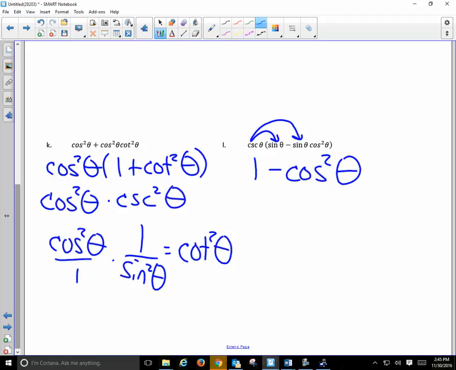Cosecant times sine is, so if you have 2 times 1 plus 3x, you take 2 times 1 to get 2, and you take the 2 times the 3 to get 6x. You don't take 2 times 3 and 2 times x, do you? Because they're paired together through multiplication. So same thing here. Cosecant times sine is 1, so the 1 attaches to the cosine squared. And what's 1 minus cosine squared? Which number is that on your sheet? It's sine squared.